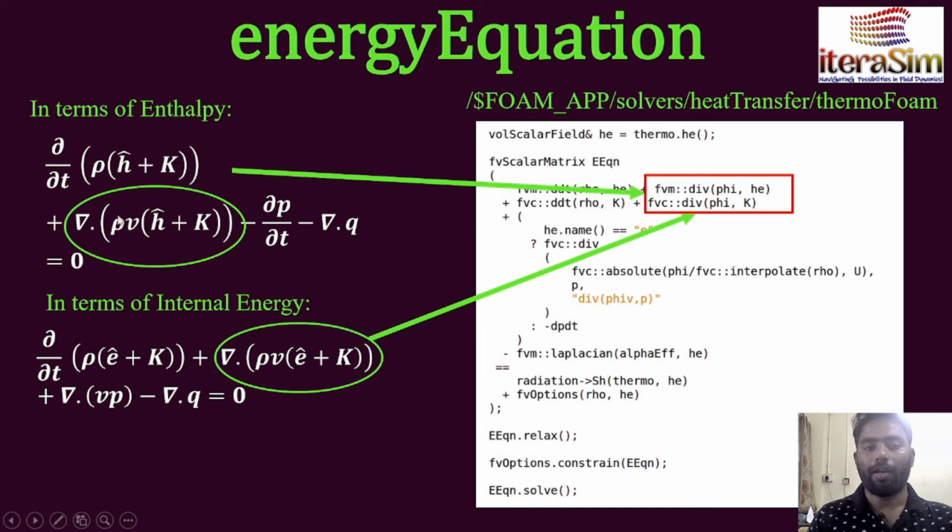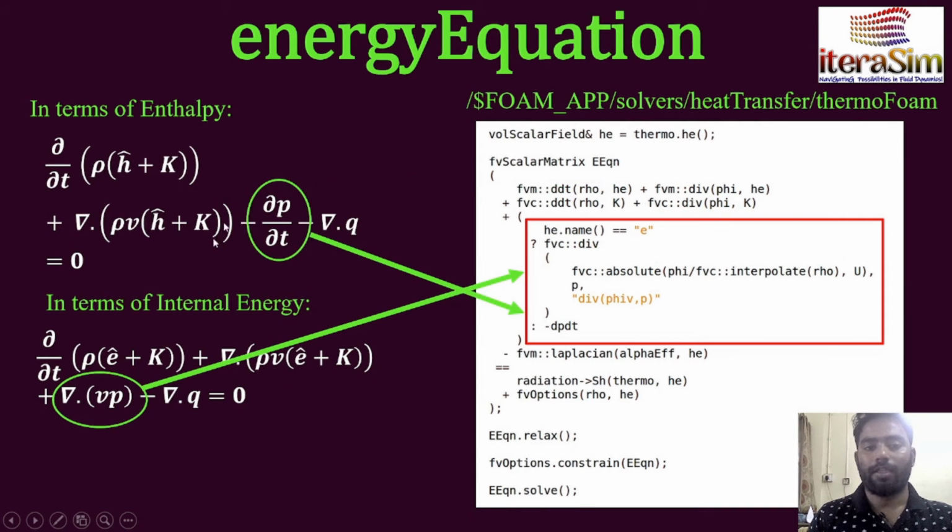Now after that there is a divergence term. It is also clear that once you find out that h is equal to either E or enthalpy, you can correlate these terms on the left side and the right side. This is where we are going to use the if and else. Remember, it is going to first check whether he.name is equal to e.